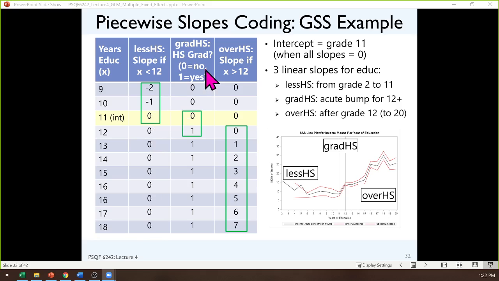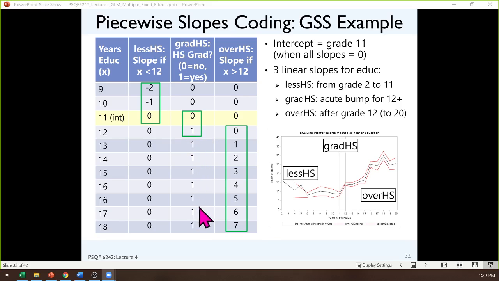The second column, the job of this predictor is to capture the acute difference of grade 11 up to grade 12. So it's zeroed out before we get there. It turns on for somebody who has a high school degree. So when it switches to 12, we switch it to 1.